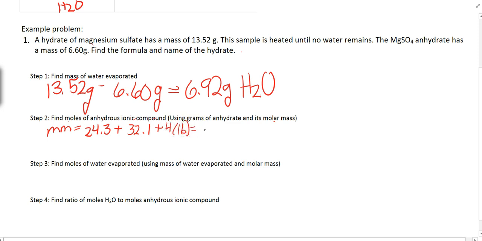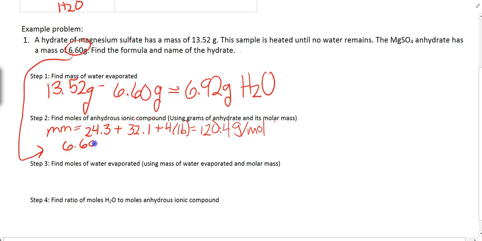So the molar mass of this compound is 120.4 grams per mole.